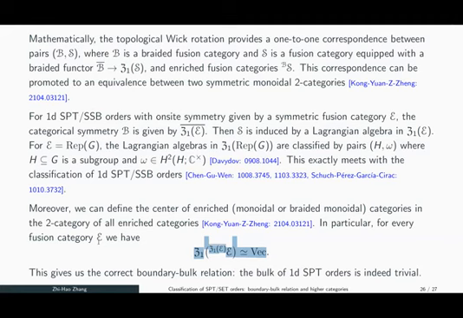As long as it is spontaneous symmetry breaking, it should be in the same bulk, still captured by this Drinfeld center of G, because G is spontaneously broken on the boundary. Yes.